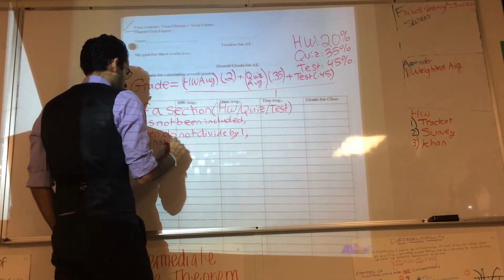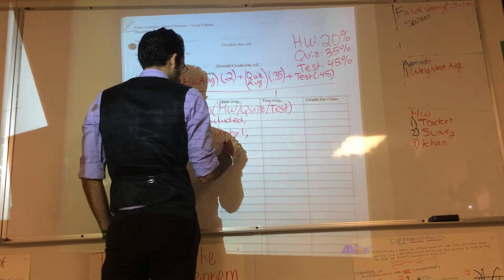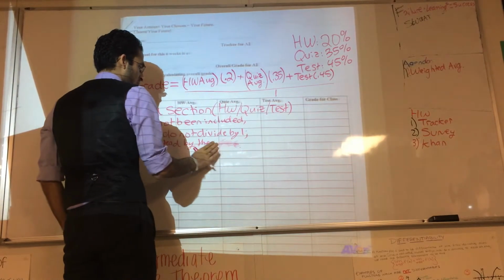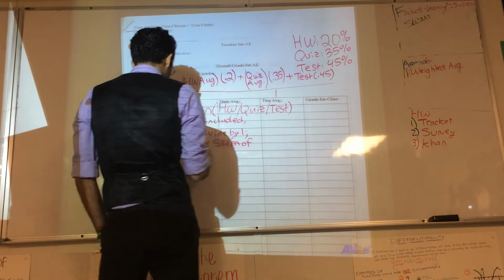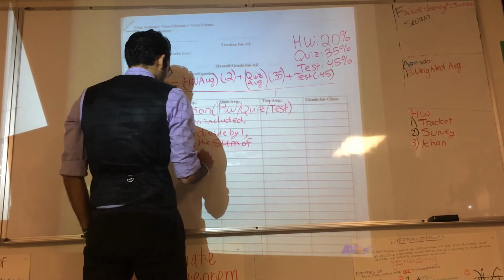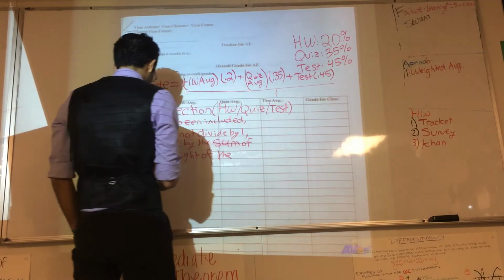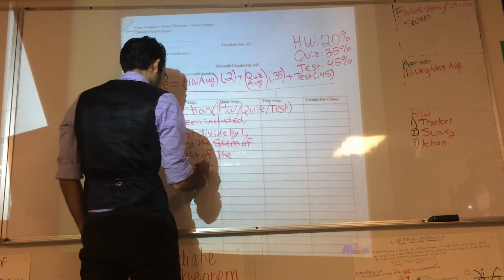Instead, divide by the sum of the weight of the included sections.